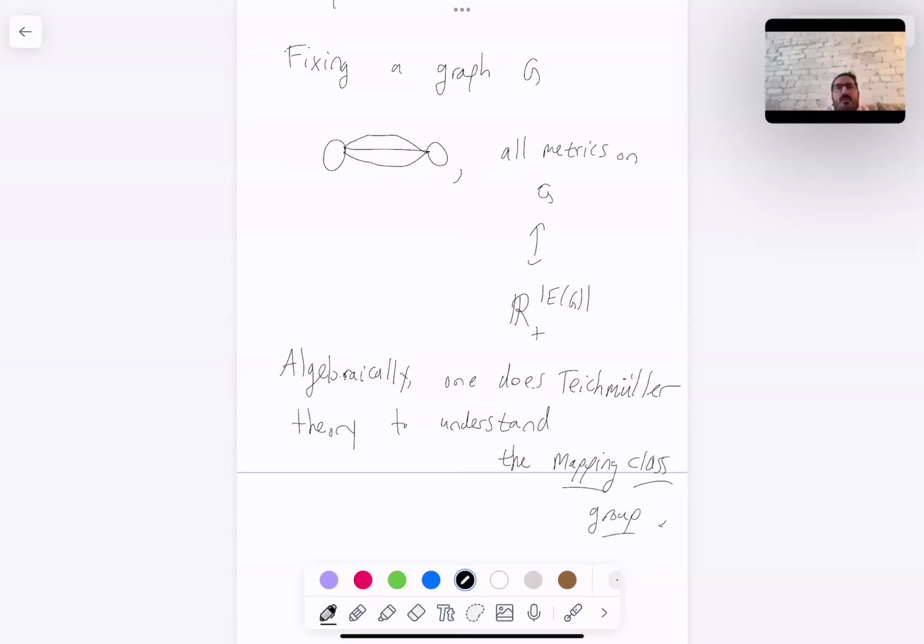So if you don't know much about this, I'm happy to answer questions about it, but I think it would just take us too far afield for me to get into the details, and we don't have much time.